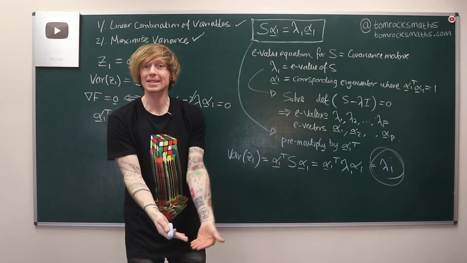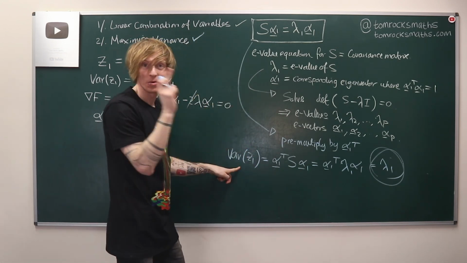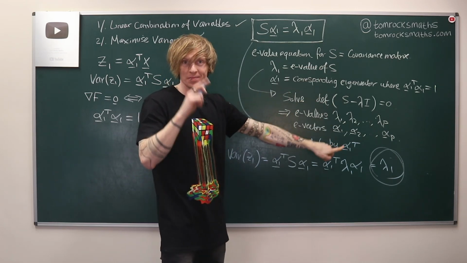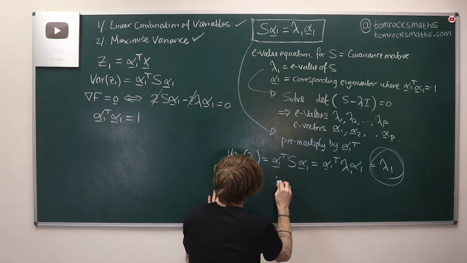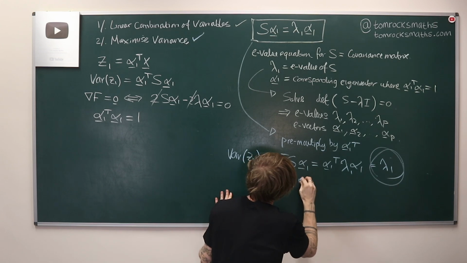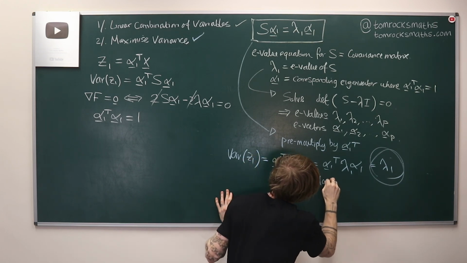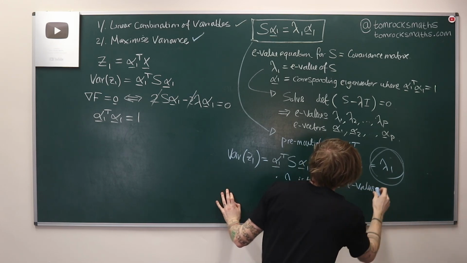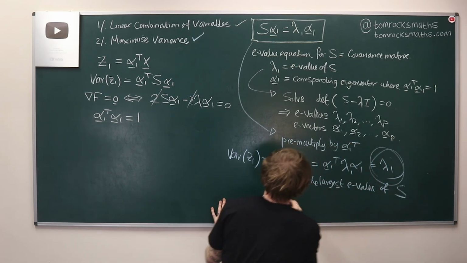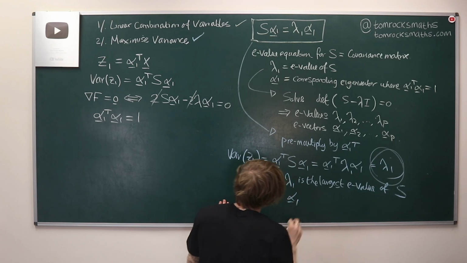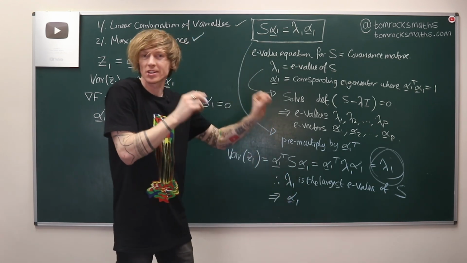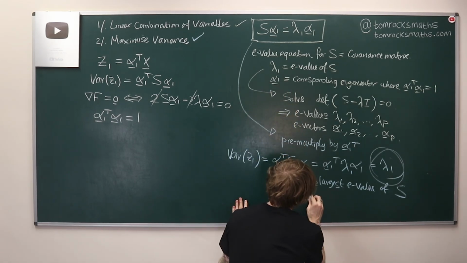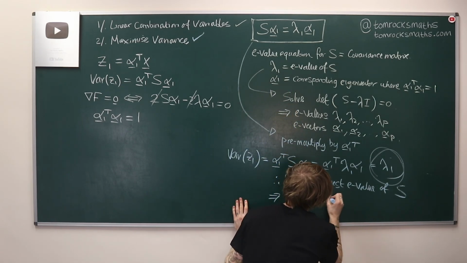So if we want to maximize the variance, what we want to do is pick the largest possible eigenvalue. So therefore, lambda 1 is the largest eigenvalue of S, the covariance matrix, and alpha 1, which remember is the vector of coefficients that's going to give us the answer, give us that principal component, that first one, alpha 1 is the corresponding eigenvector.